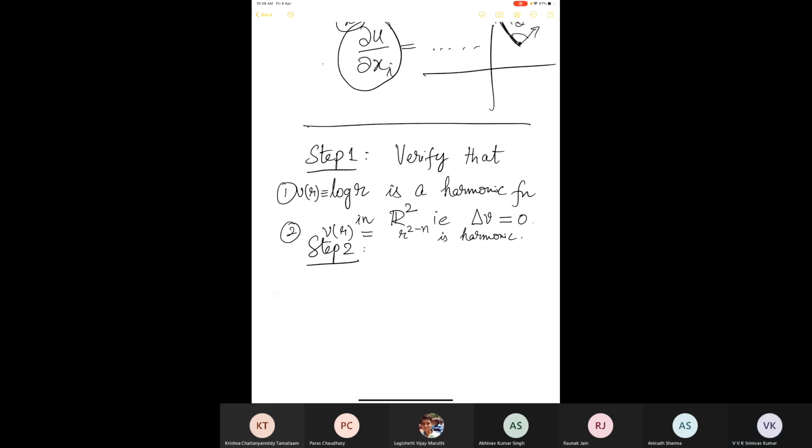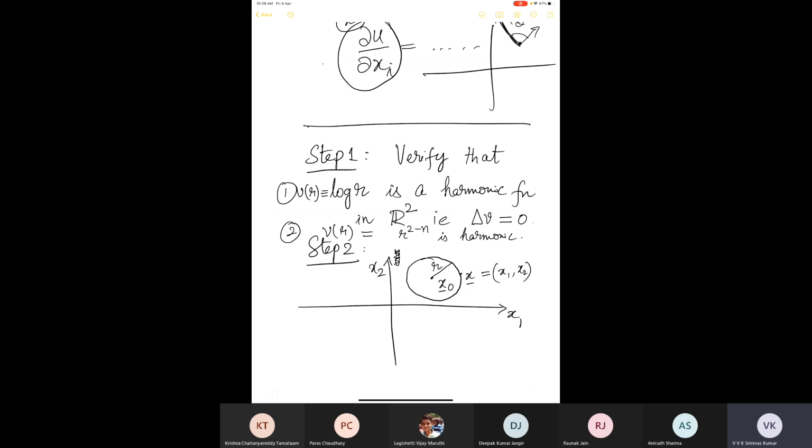What is r here? r is the distance from the point x naught, and take a disk of radius R, with points x equal to x1, x2.